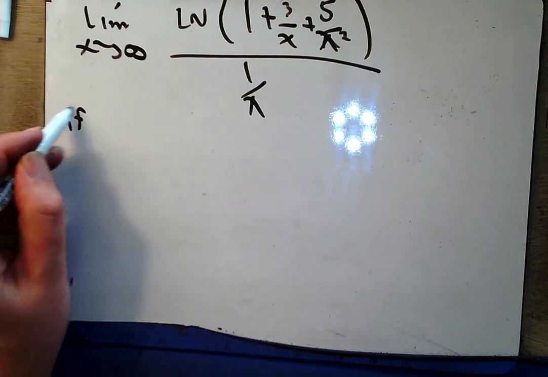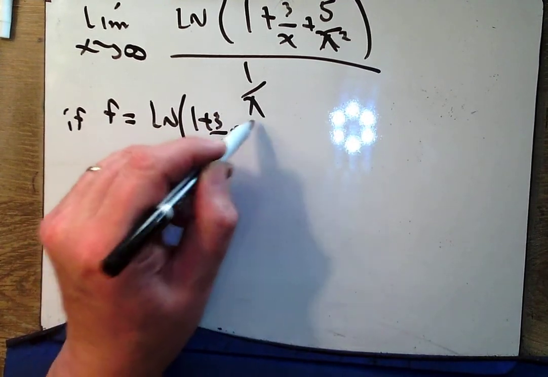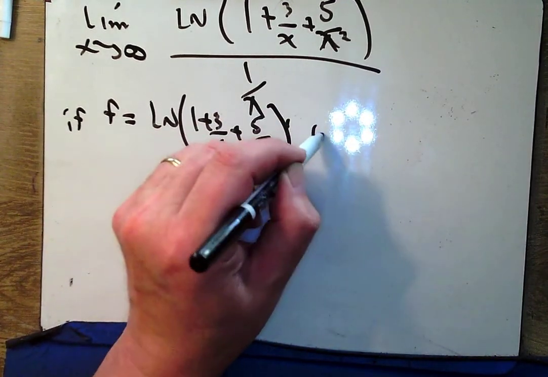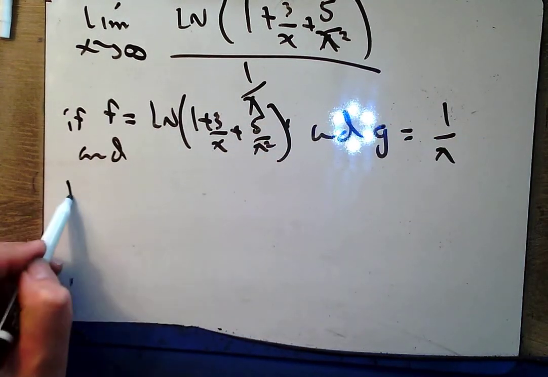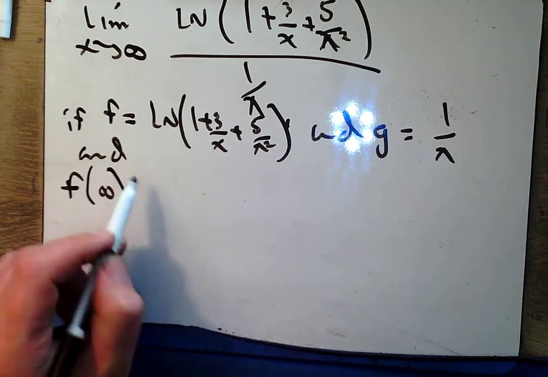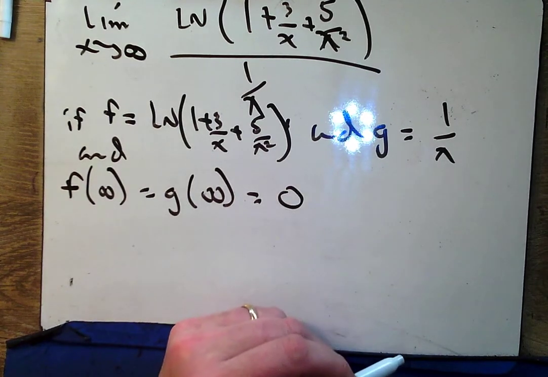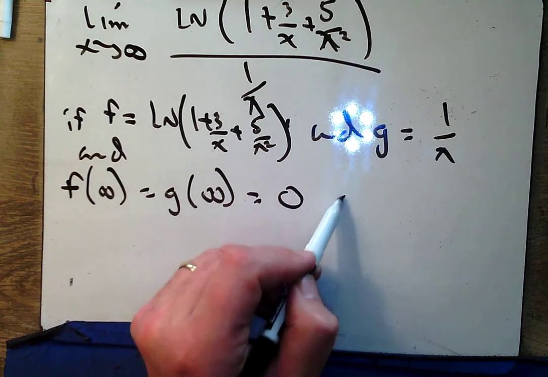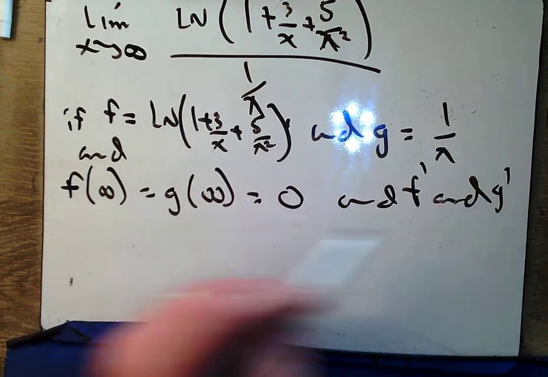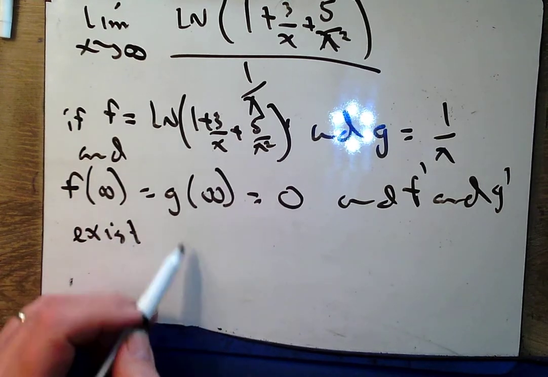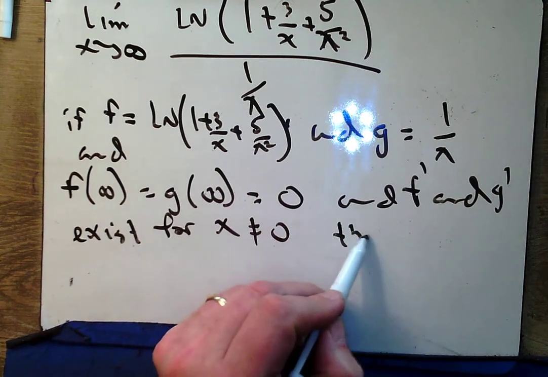Okay, so if f is ln of (1 plus 3 over x plus 5 over x squared), and g equals 1 over x, and f of infinity equals g of infinity equals 0, at least I feel like I have some solace there, and f prime and g prime exist for x not equal to 0, then use L'Hopital's.